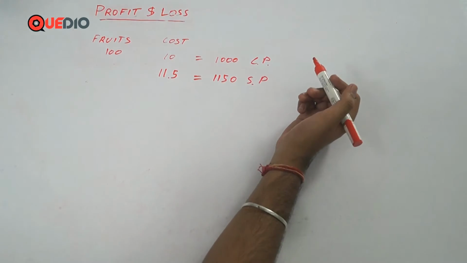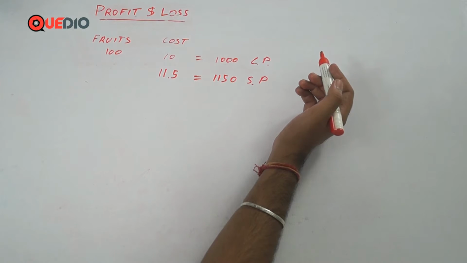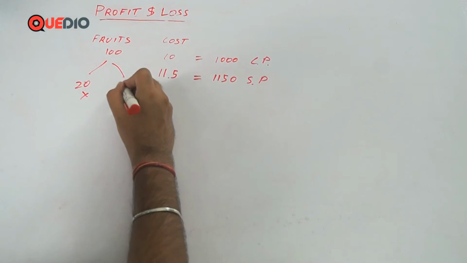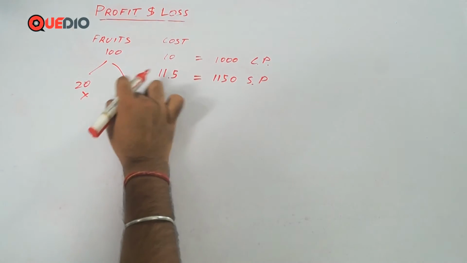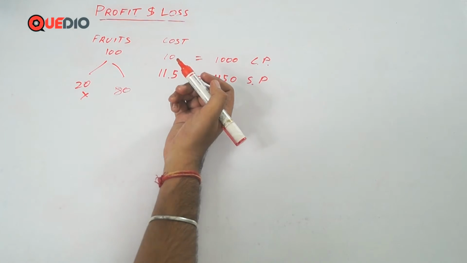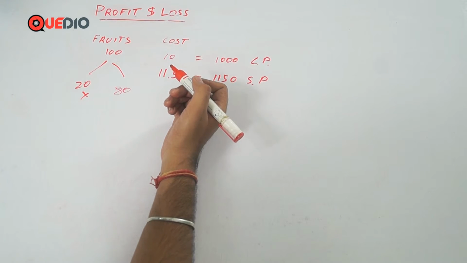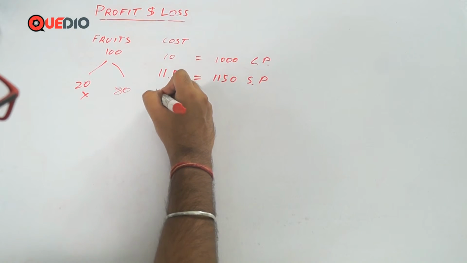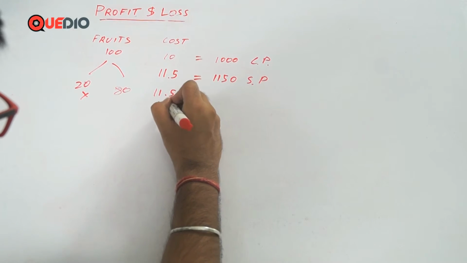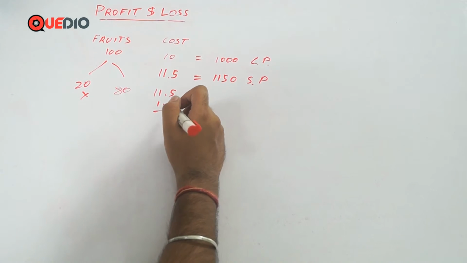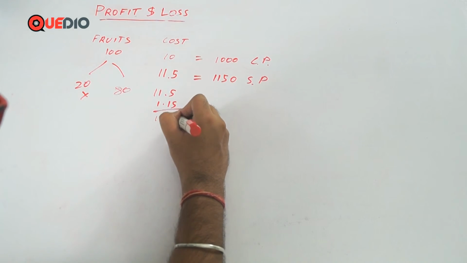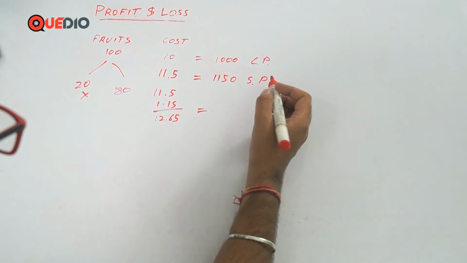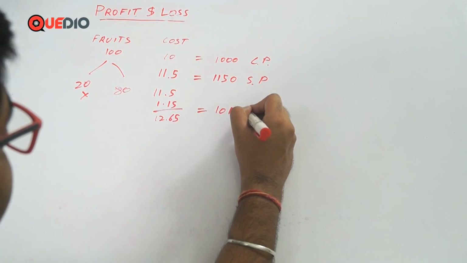After he found that 20% of his fruits were rotten, we remove the 20 fruits and the remaining 80 fruits were left, on which after increasing the selling price by 10%, the selling price would be 12.65 rupees per fruit, and the overall price would be 1012.